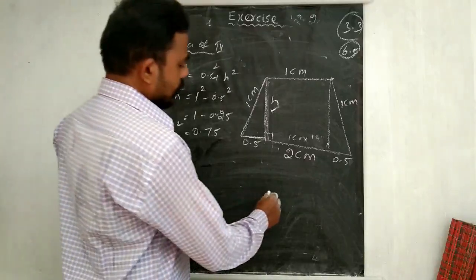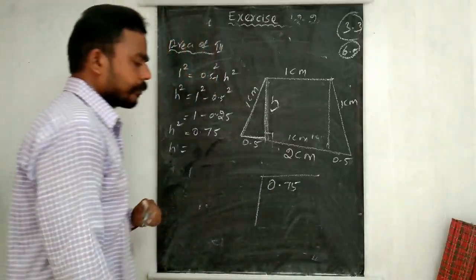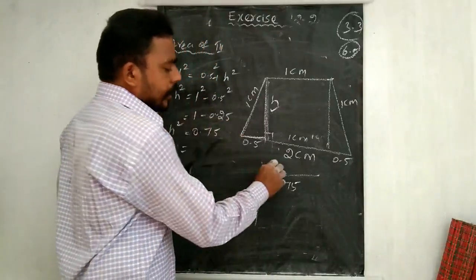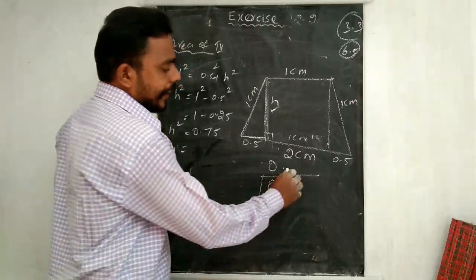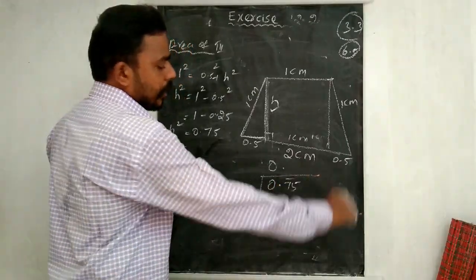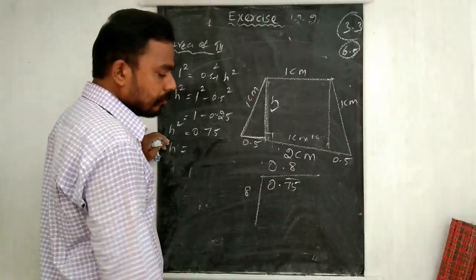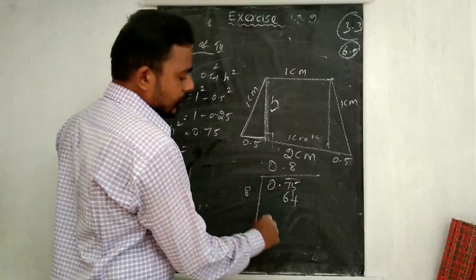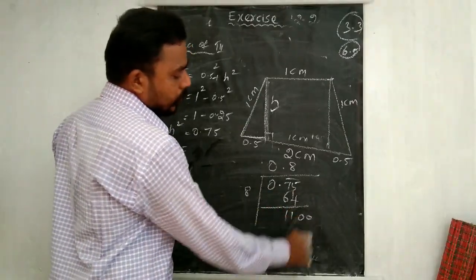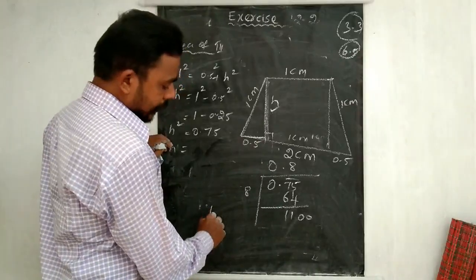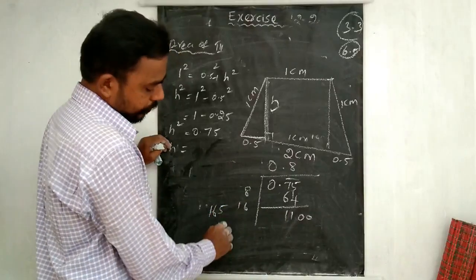So for that, 0.75, introduce the decimal first itself. Here 75, 8 8s are 64. From the last two numbers I can take 8 8s are 64. So remaining 11, and double of 8 is 16. Here 11, so introduce some 5.